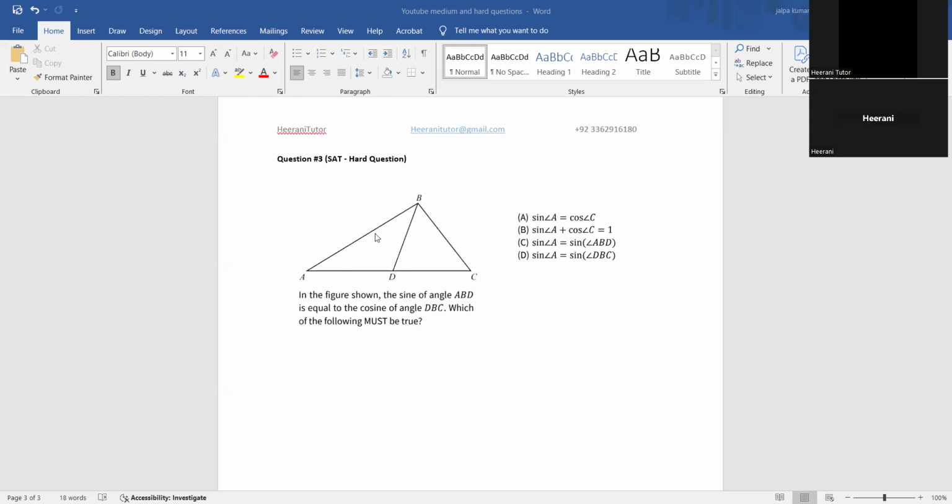So in the figure below, the sine of the angle ABD, that means we are talking about this angle, is equal to the cosine of angle DBC. So we are talking about this angle. So sine of ABD is equal to, let me move it like this.